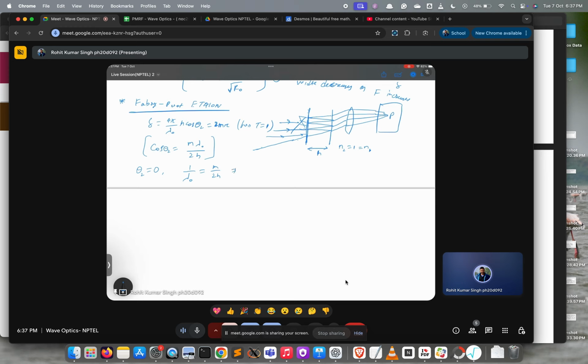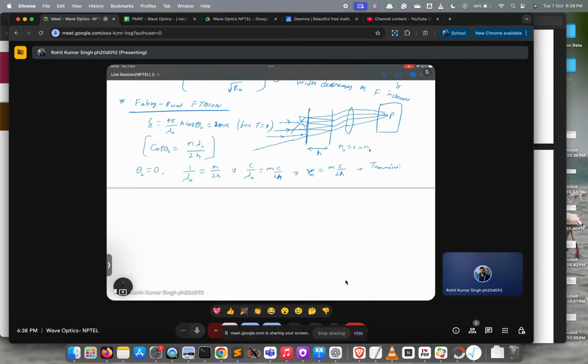You can multiply c, the speed of light, on both sides to get this formula. c by lambda naught is the frequency, and there is an index m. These are called the transmission modes, the modes of the Fabry-Perot cavity for transmission resonance.